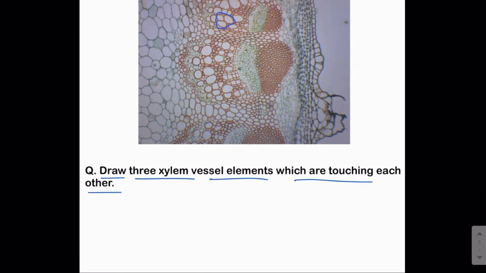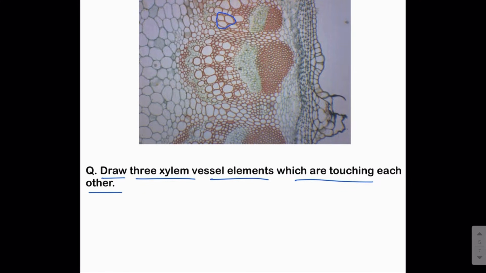So guys, when we are drawing these cells, what do we need to be careful about? We need to be careful that the lines are clear and continuous, right?